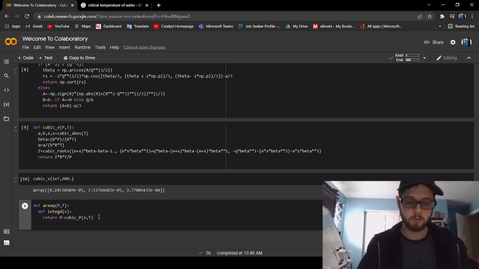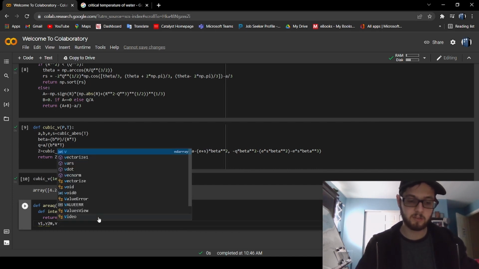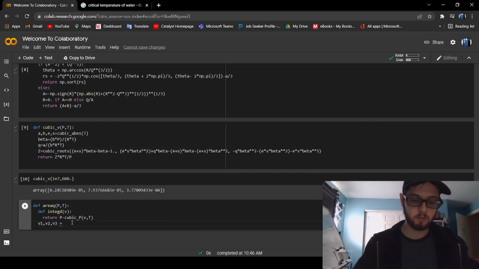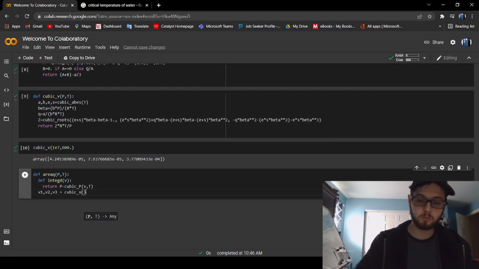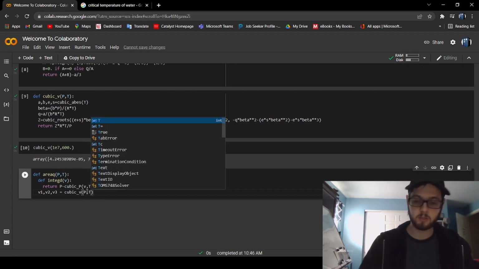We're going to use our roots, so V1, V2, and V3 are equal to cubic_V, and that is, again, with respect to pressure and temperature.